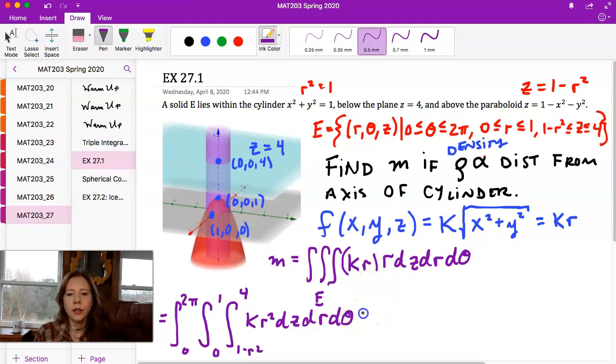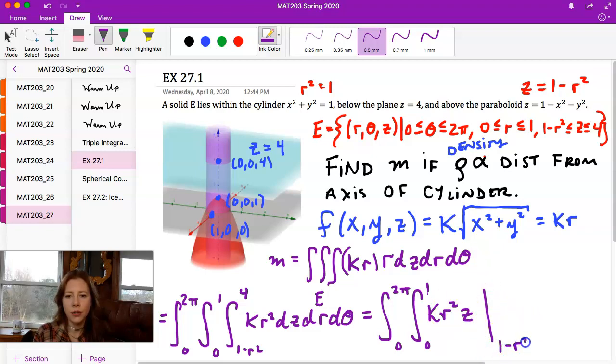Starting on the inside, dz just becomes k r squared z evaluated from 1 minus r squared to 4, and we still have dr d theta. K is a constant, so we can pull that to the outside. And so let's add a new page and keep going.